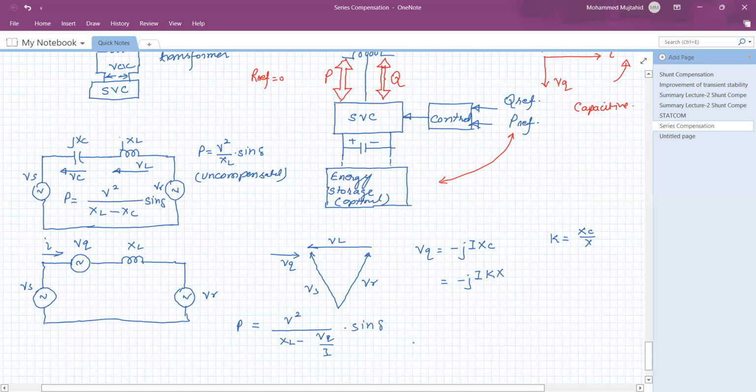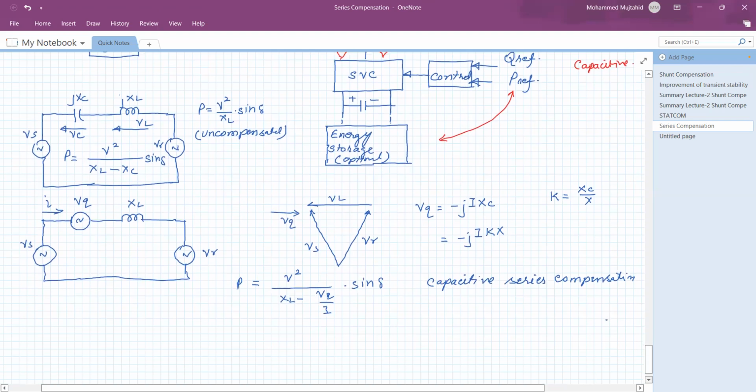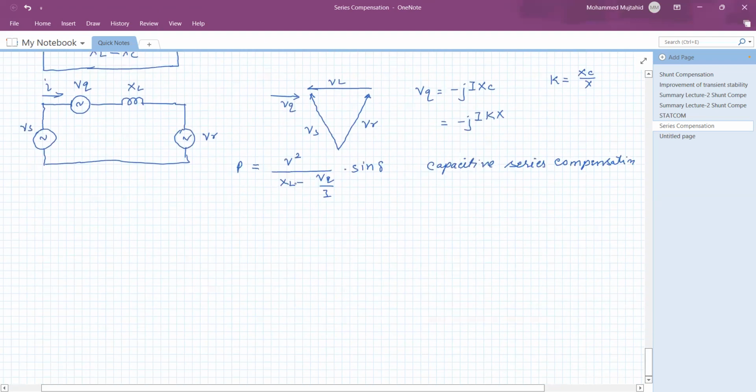Now this equation is for the capacitive series compensation, isn't it? Whereas if this is plus, it means that the current is lagging by 90 degree with respect to the VQ, and it is for the series compensation.